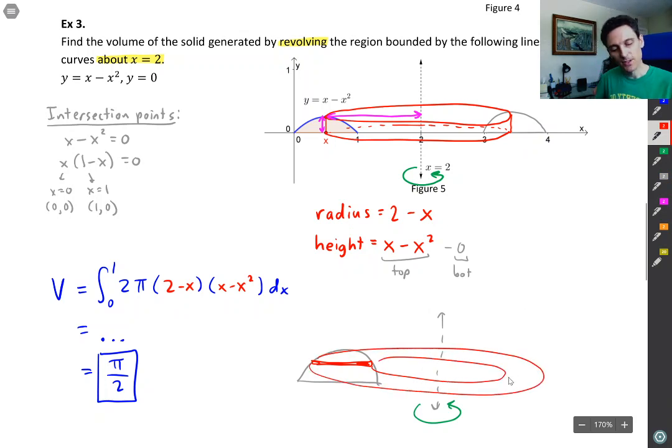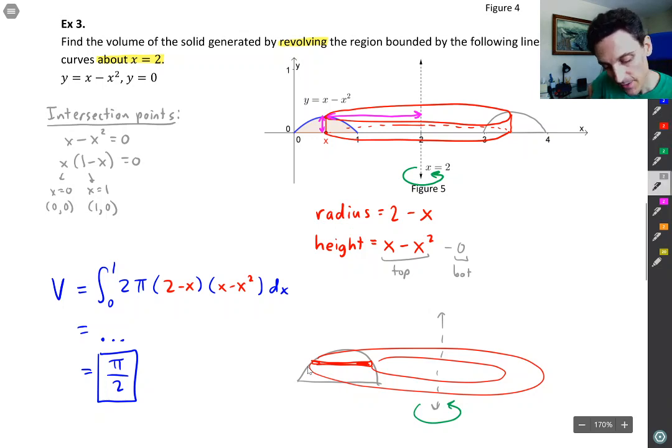It's probably good that we have this drawn here, because you can see how washers are really flat. Shells are not flat, right? Washers, though, are infinitely flat. If we tried to set this up, the problem would come when we're trying to find the inner and the outer radii. The problem comes when we have to find the x value along this curve for the inner radius and the x value along this curve for the outer radius.